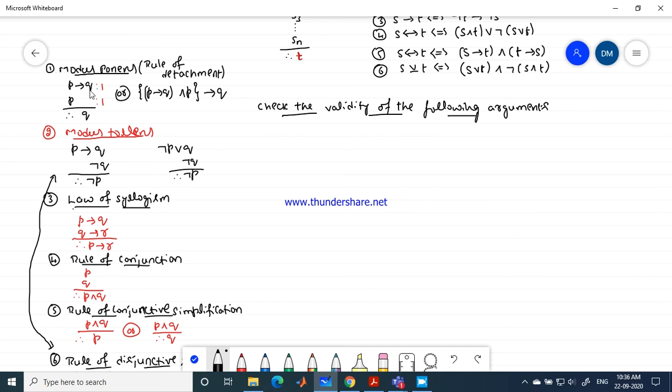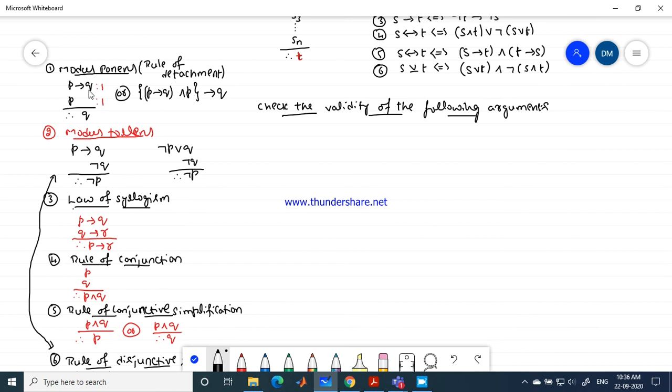For this one, I will give you one simple example to appreciate modus ponens. If Ravi studies, then he will pass in DMS. Try to understand this one. This says that P is true, which means that Ravi studied. The output is that Ravi passed in DMS. That is how modus ponens works.